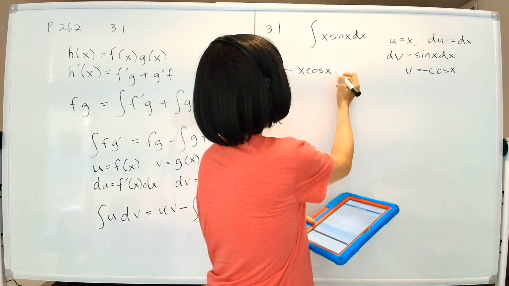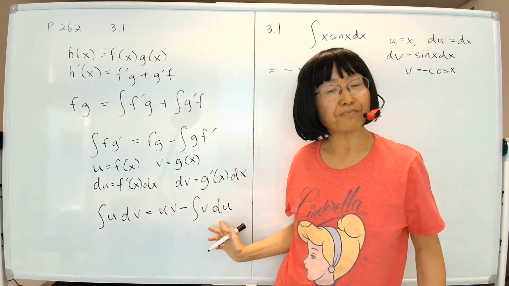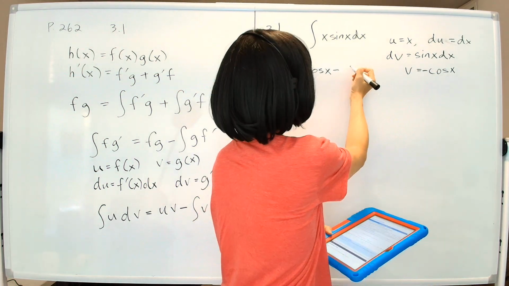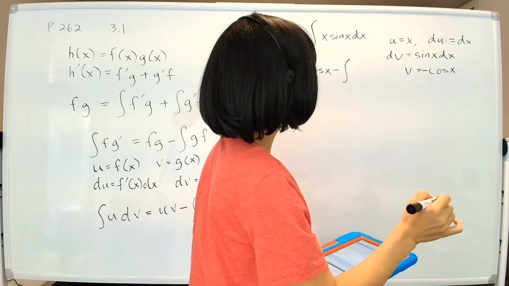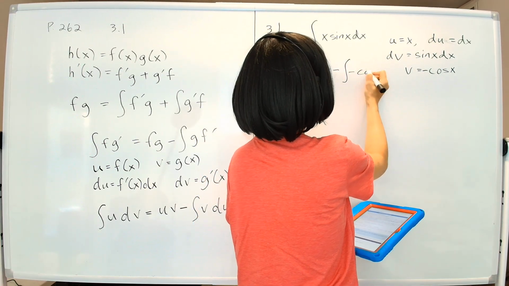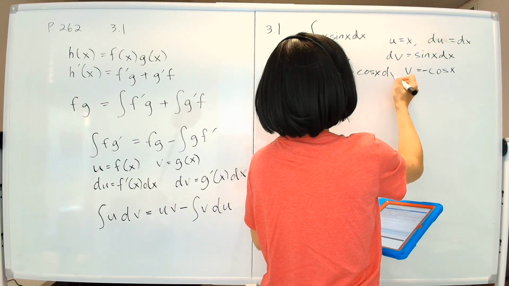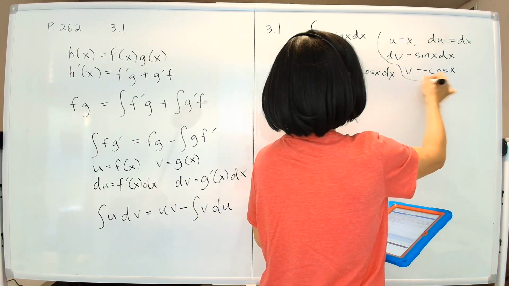Then minus, the next part of the formula says, the integral of v du. What's v again? Minus cosine x. And du is just dx. Let's not mix that up here.